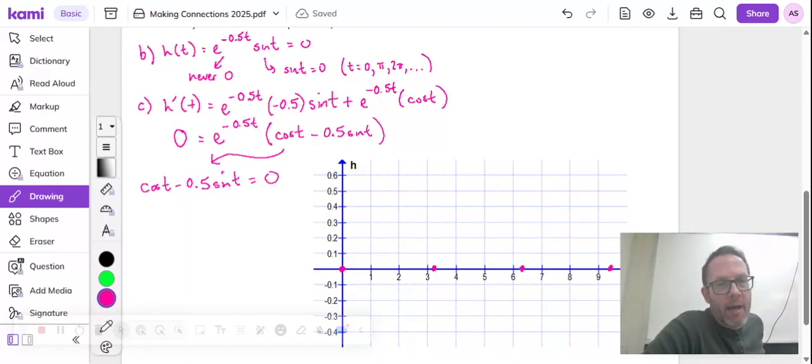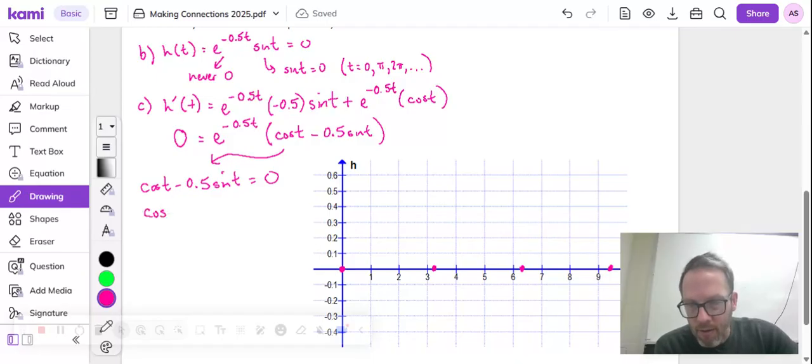One strategy we had when solving trig equations, where we couldn't get just sine by itself or cosine by itself, was to massage the equation and see if we can get it in terms of maybe tan, which is what I'm going to do here. So if we rearrange this, we get that cosine t is equal to 0.5 times the sine of t.